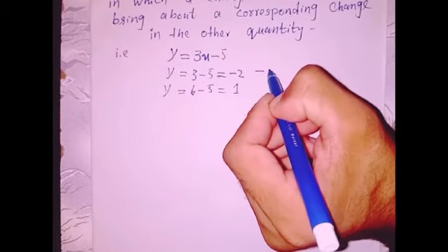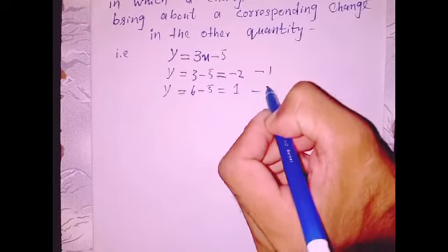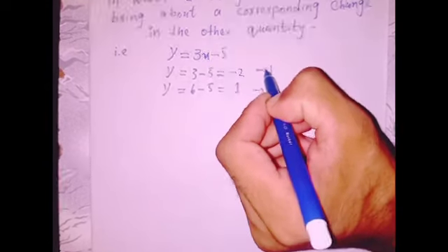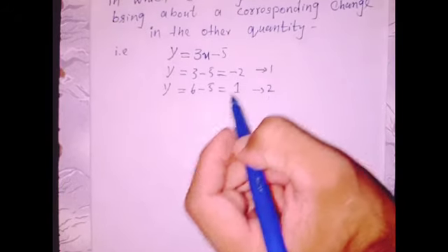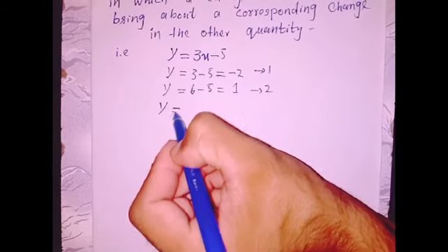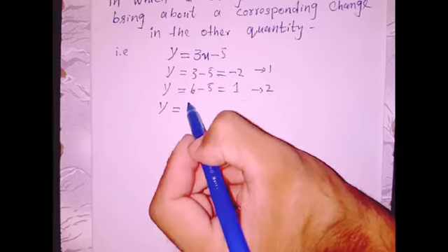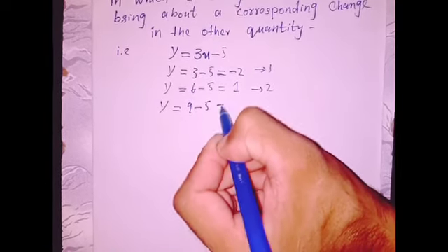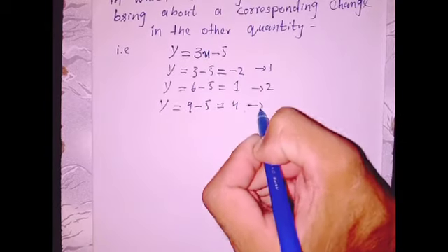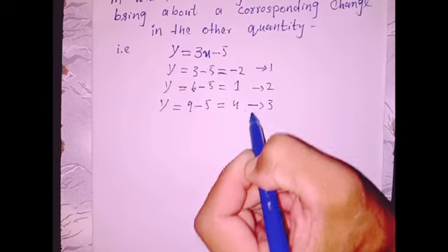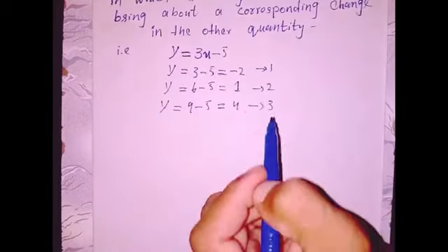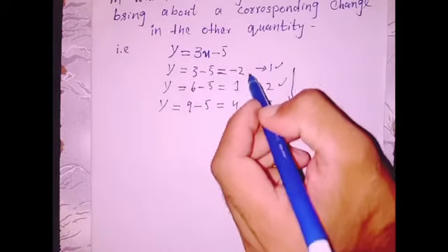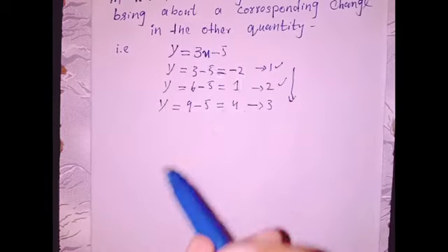If I put 3 here, I get 9 minus 5, which gives me 4. So as the values of x are increasing, the values of y are also increasing.